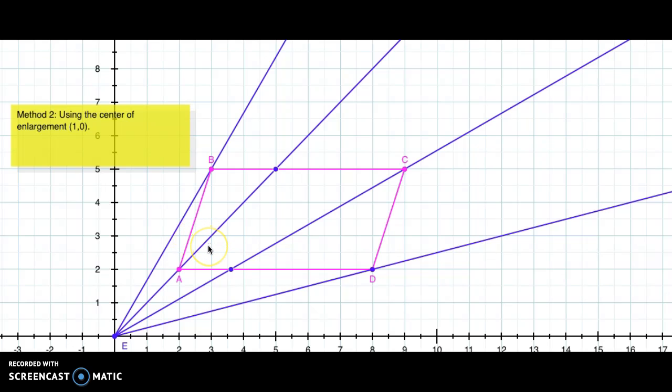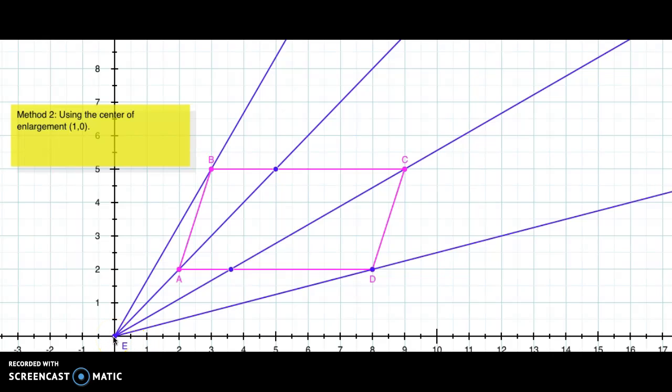I put it here on the geometry pad, and this is that parallelogram. So A, B, C, D. So this method, I'm going to use what we call the center of enlargement. And I have the actual center of enlargement.